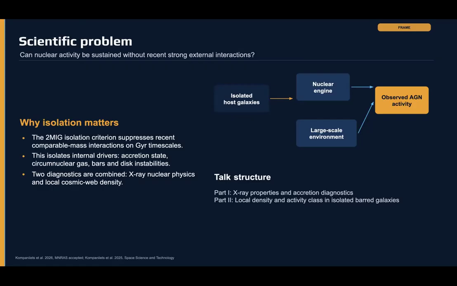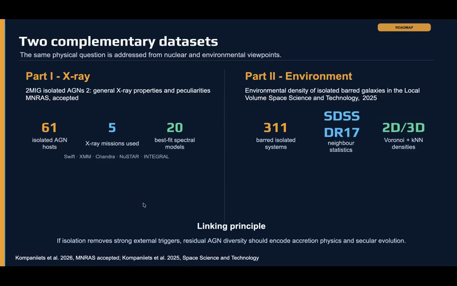So what we do here, we use isolated host galaxies from the 2MIG catalog and try to study the nuclear properties using all available X-ray data, also taking into account the large-scale environment. The first part is the X-ray sample.